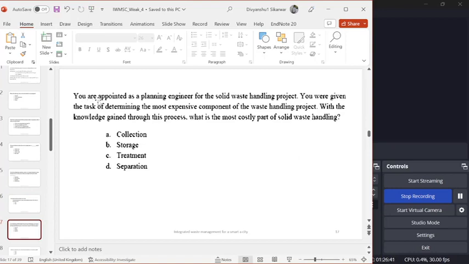Next question: you were appointed as a planning engineer for a solid waste handling project. You were given the task of determining the most expensive component of the waste handling project. With the knowledge gained through this process, what is the most costly part of solid waste handling?